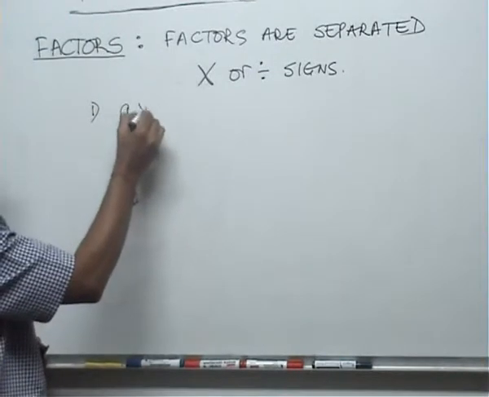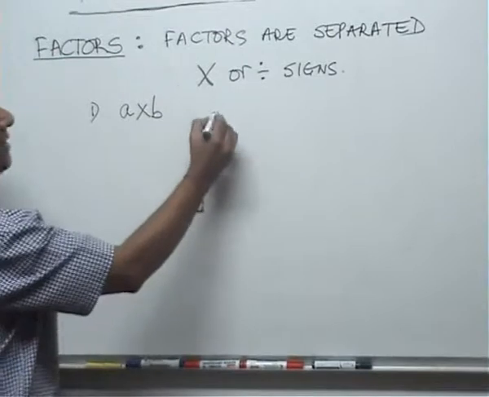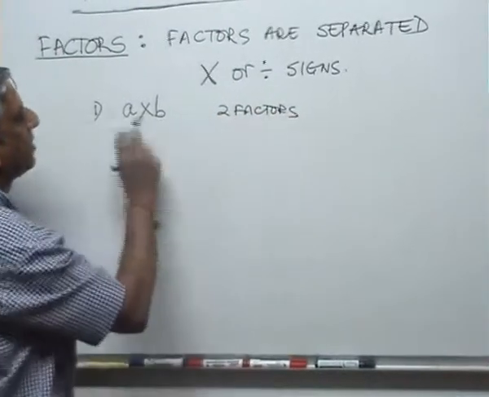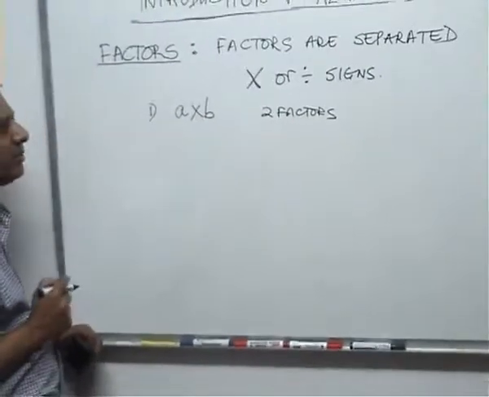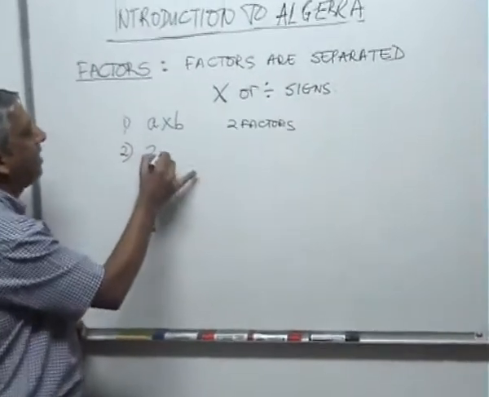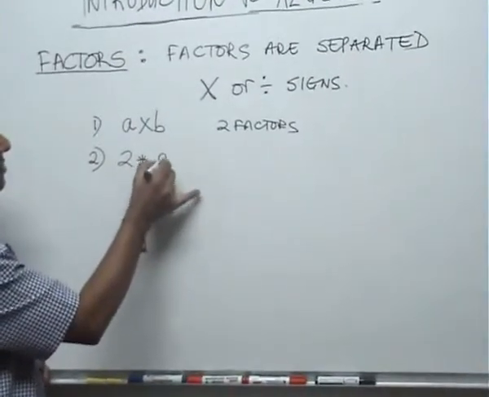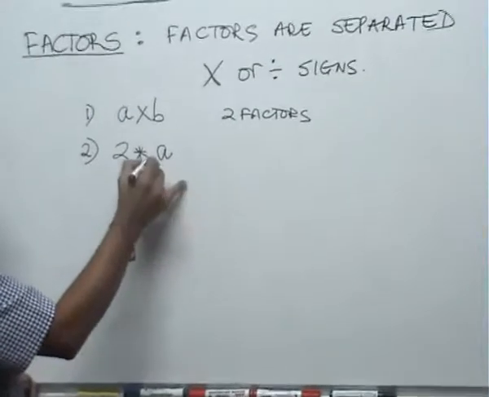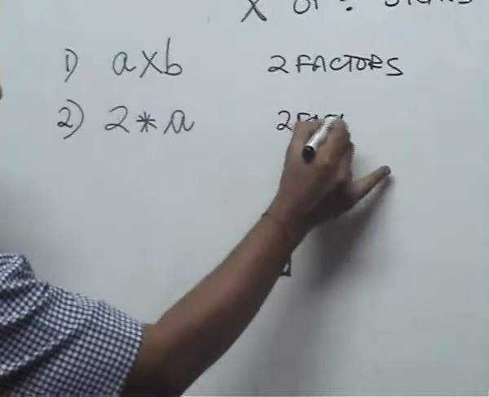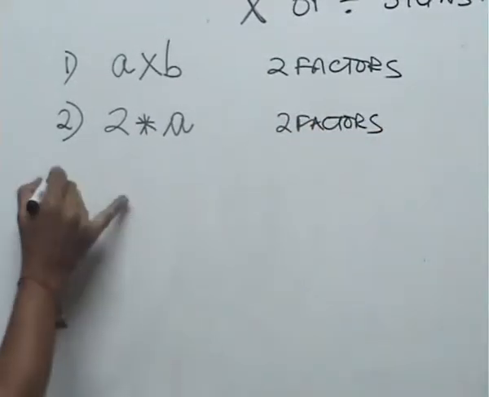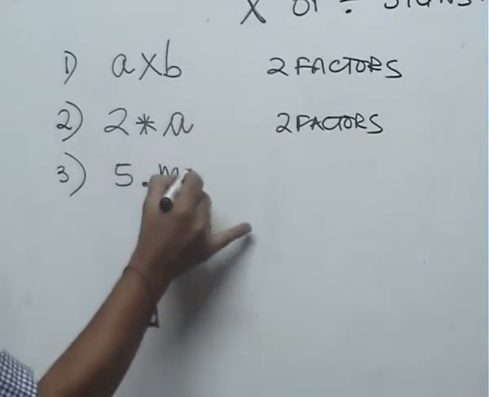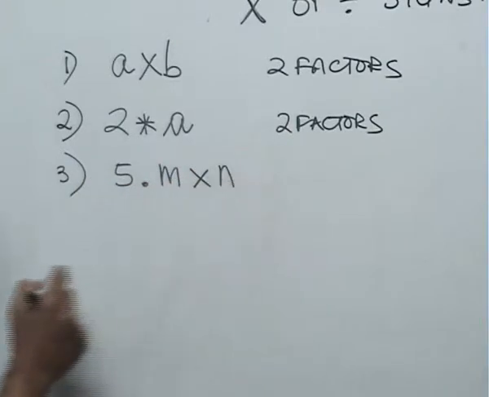If I gave you A times B, then here we have 2 factors because they are separated by a multiplication sign. Now remember, in algebra we have a number of signs for multiplication. So 2 asterisk A also means 2 times A. So here there's 2 factors also. Number 3, 5 dot m times n.